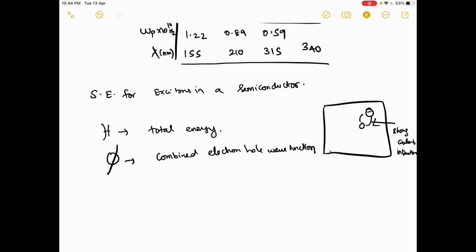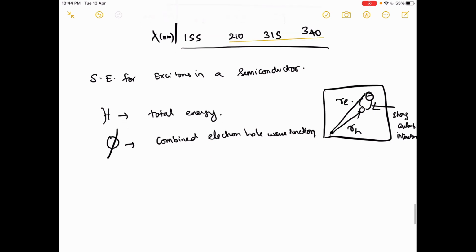And let's say you have some origin at some point. Let's say the hole is at R hole and the electron is at R electron, right? Under such a situation, the electron energy can be written as the momentum of the electron squared by twice the mass of the electron, right?